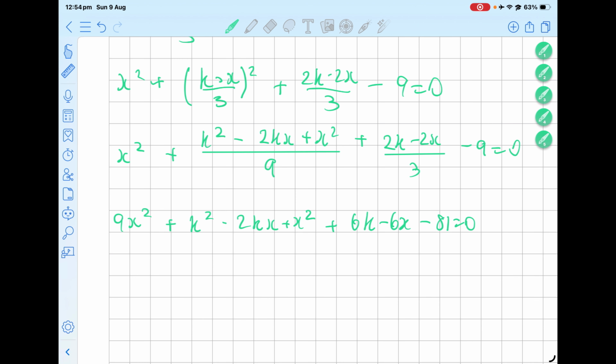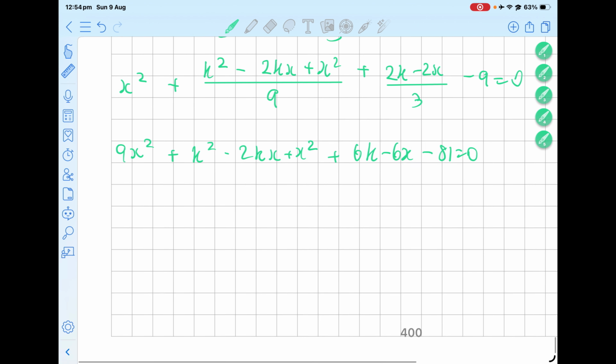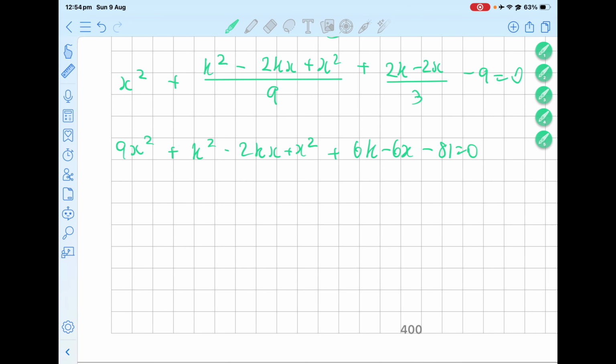So 10x squared, and then looking for x's, so plus this, minus 2k minus 6.